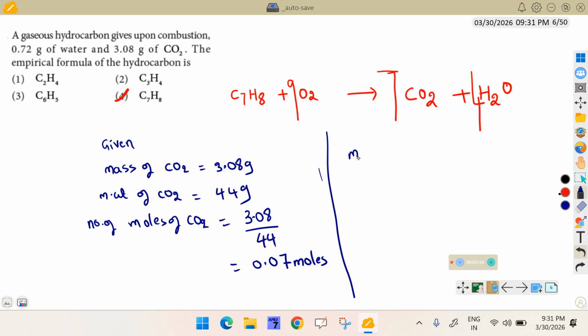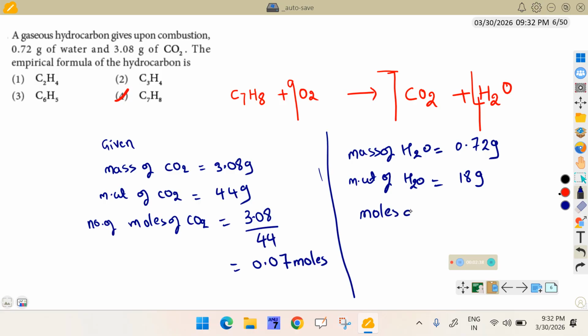And mass of H2O is equal to 0.72 grams. Molecular weight of H2O is equal to 18 grams per mole. Number of moles of H2O is equal to 0.72 divided by 18, then 0.04 moles.